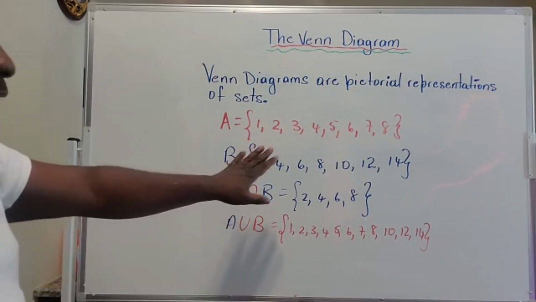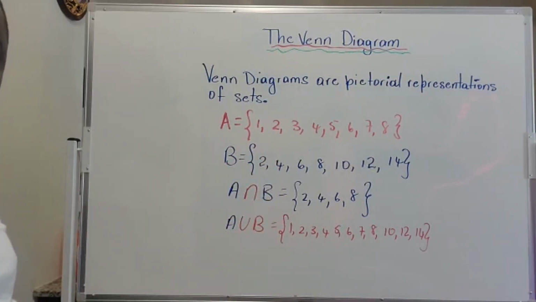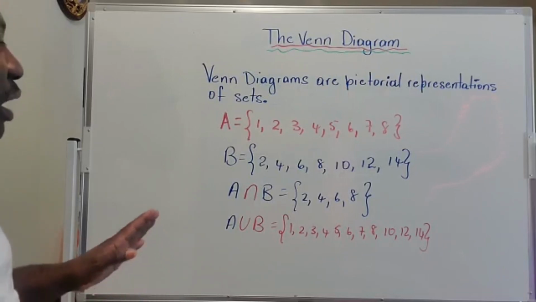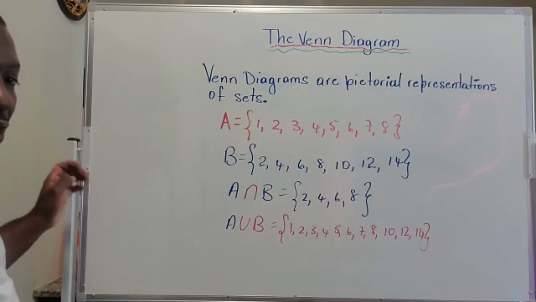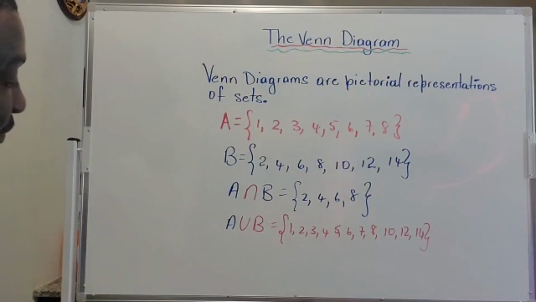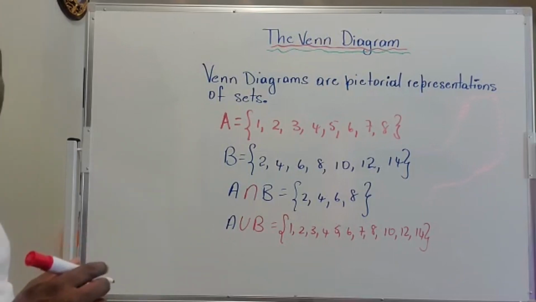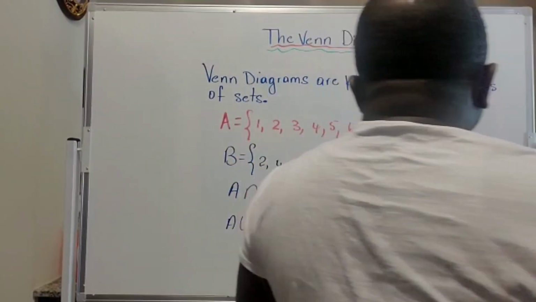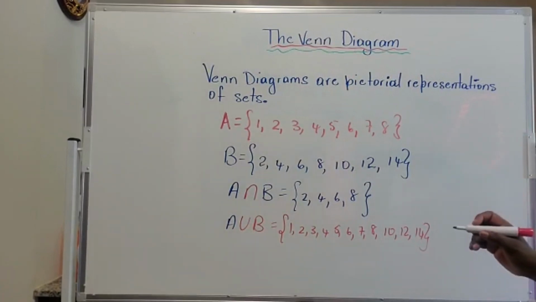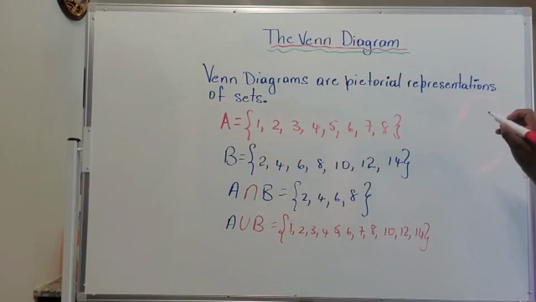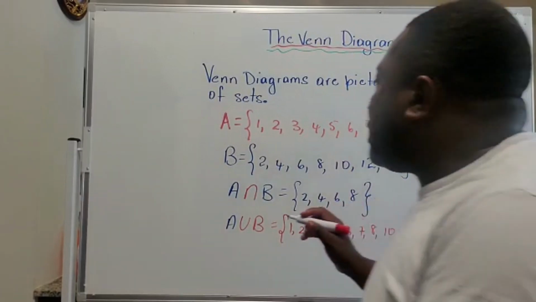Now, this information here can be represented on a diagram which we refer to as the Venn diagram. In most cases, the Venn diagram is normally represented by using circles. Circles represent each set.